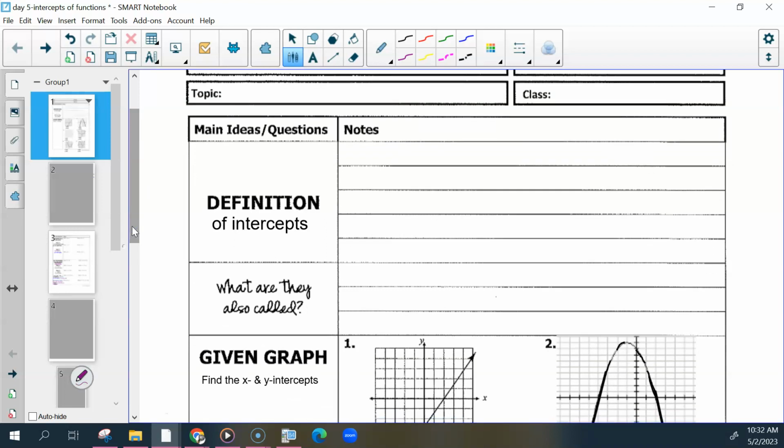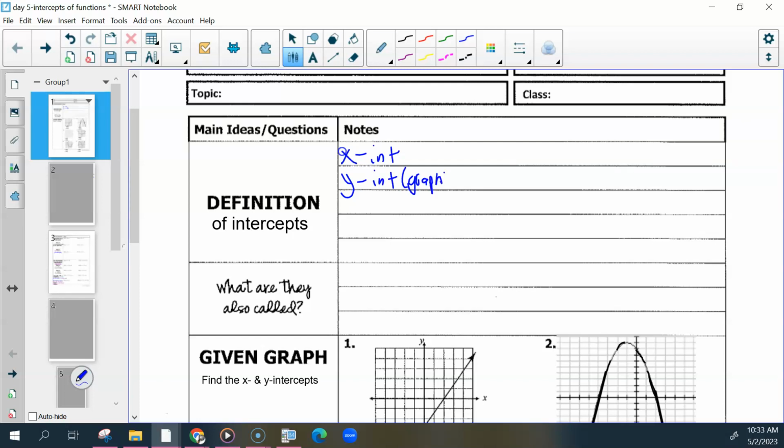Right. First, does anyone remember the definition of what is an intercept, or what is an x or a y-intercept? Aaron? So graphically, I'm going to write both x-intercept, y-intercept.